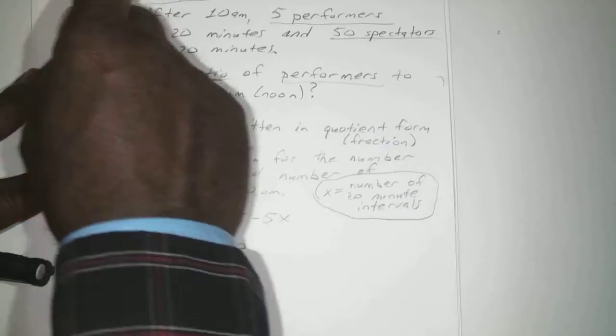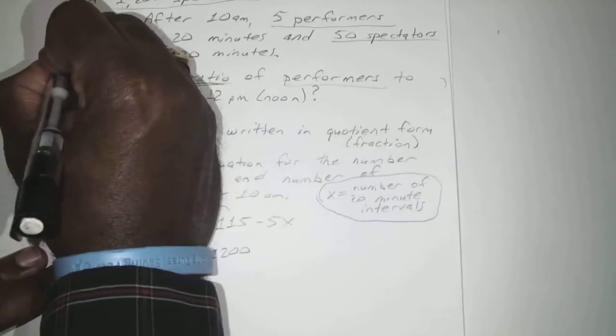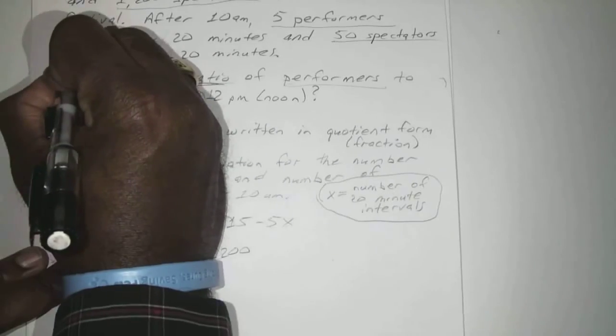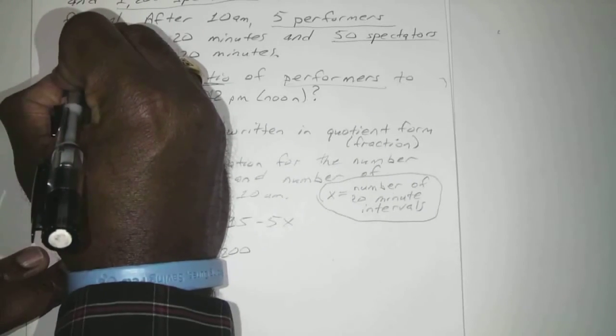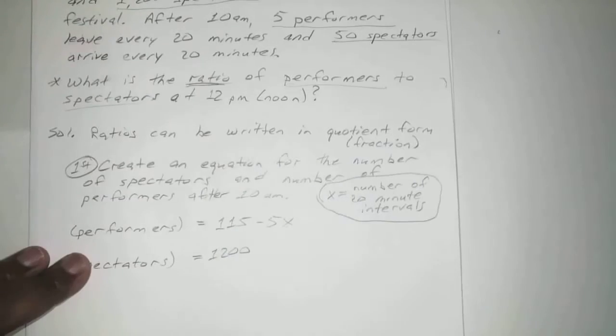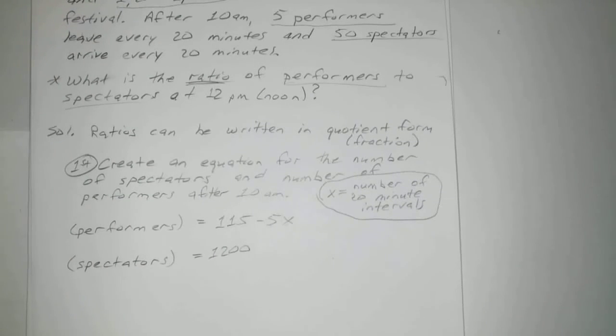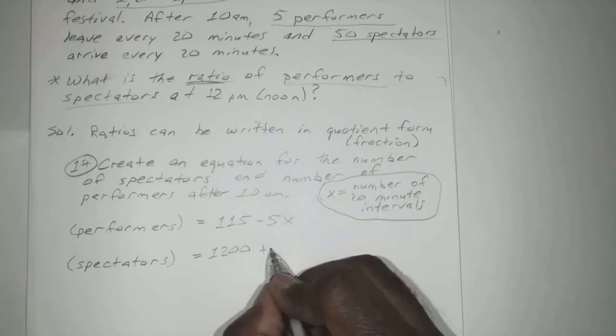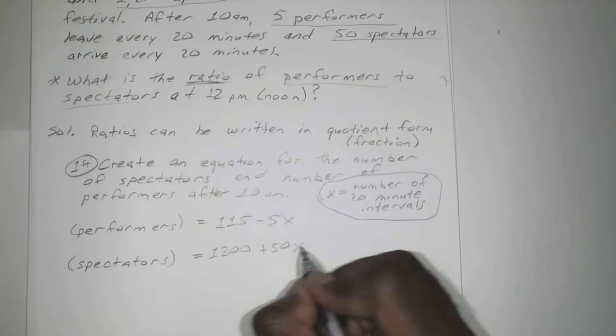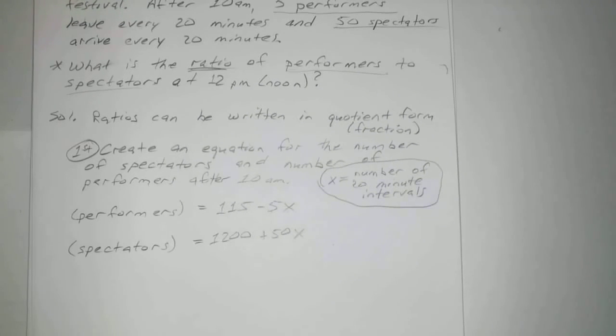Should have left that leave and erased that leave. So 5 performers leave, and 50 spectators arrive, just to mix it up a little bit. So since 50 spectators arrive every 20 minutes, say plus 50x. Okay. So our leave is going to subtract, and when they arrive, it's going to add.